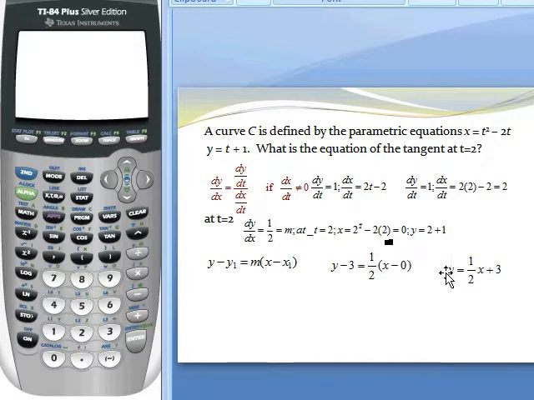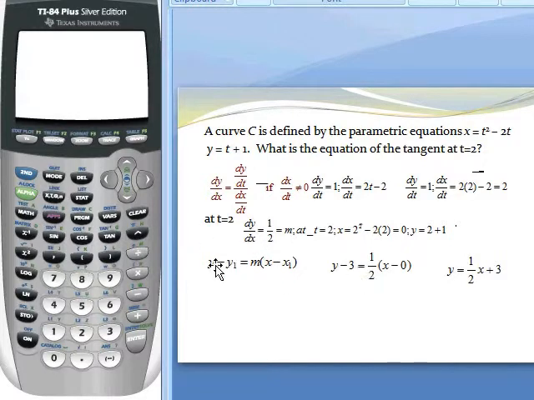Now let's plug in: dy/dt is 1, and dx/dt is 2t minus 2. Plug in t equals 2, and you get 2 times 2 minus 2, which is 2. So you have 1 on top and 2 at the bottom, and that is going to give you the slope.